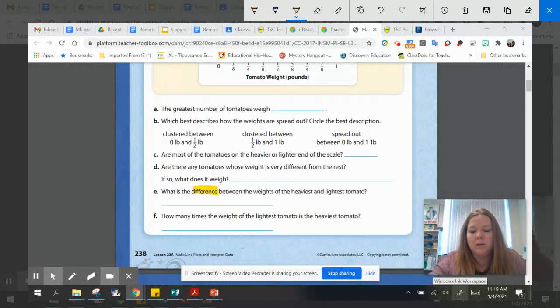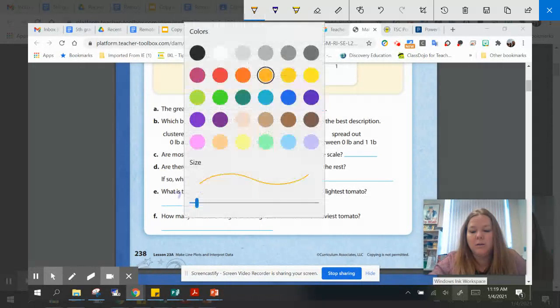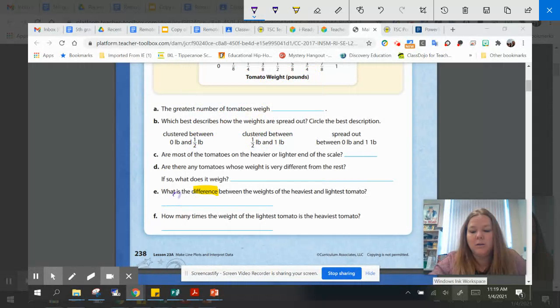The lightest tomato is 1/8, and the heaviest is 7/8. So 7/8 is a bigger number. So 7/8, the heaviest, minus the lightest at 1/8. Our denominators are the same, so that's nice. So the difference is 6/8 of a pound.